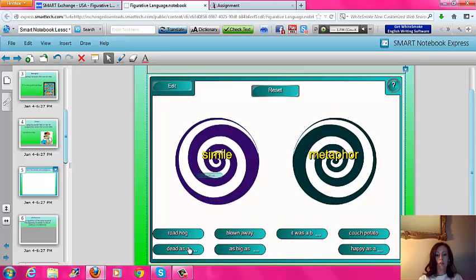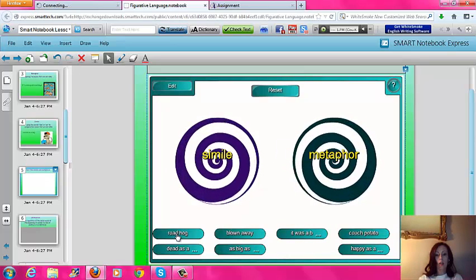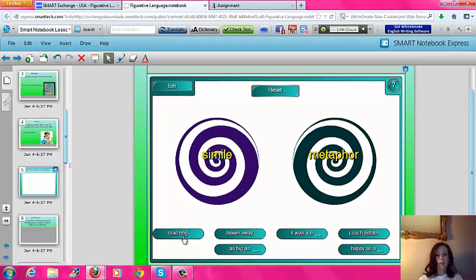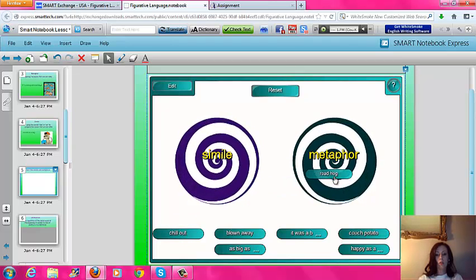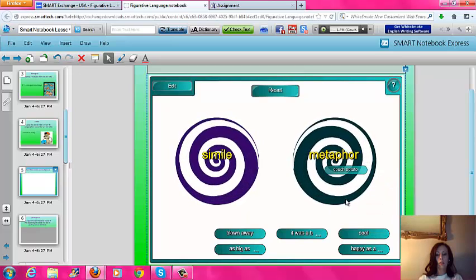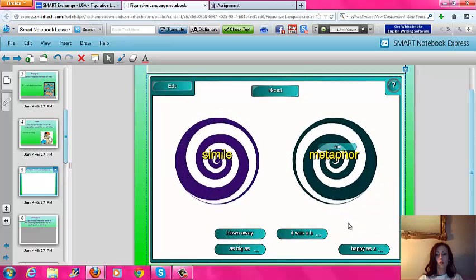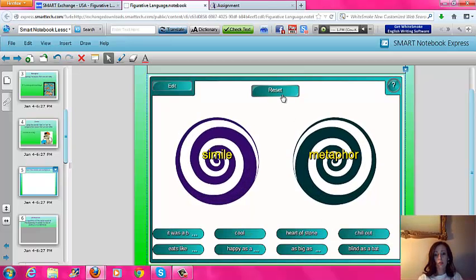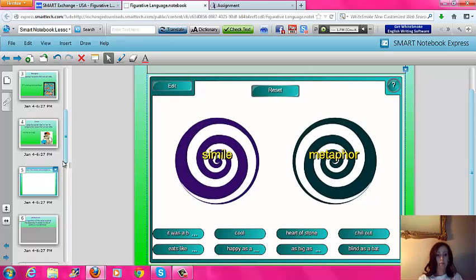It absorbs all of these, and students are able to immediately see that that one is not correct. Place it in the simile: roadhog, chill out, couch potato, cool. Then they are able to reset it and try again.